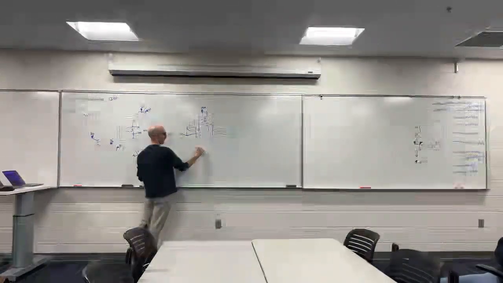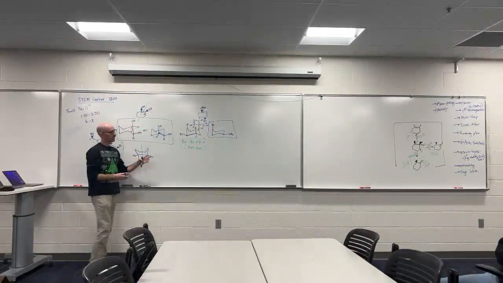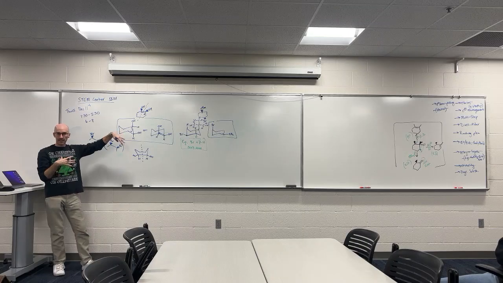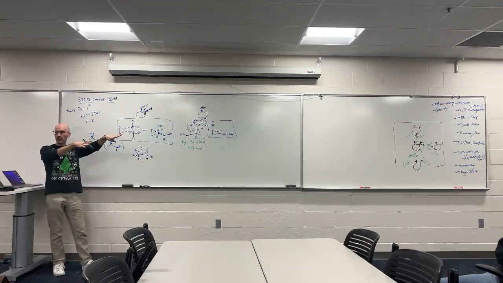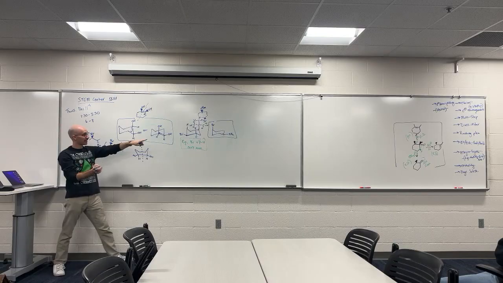I want to take a stereoisomer rather than cis 1-bromo 4-tert-butyl. I want to look at trans 1-bromo 4-tert-butyl cyclohexane. And I'm going to look only at the conformation that is reactive to E2.